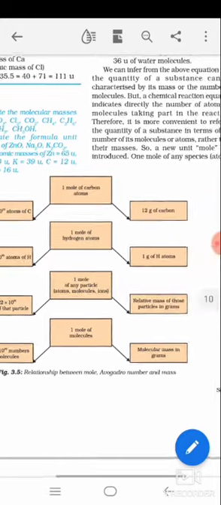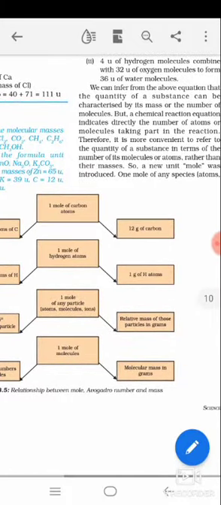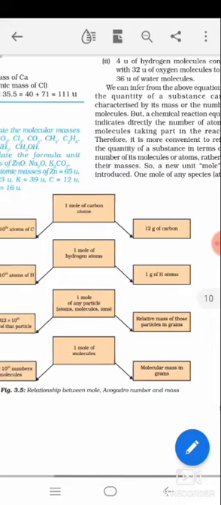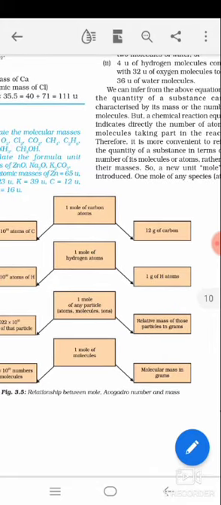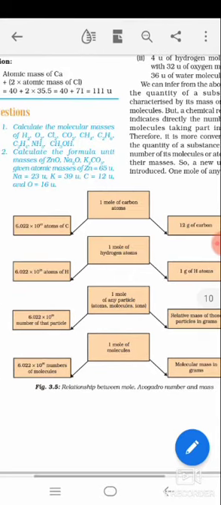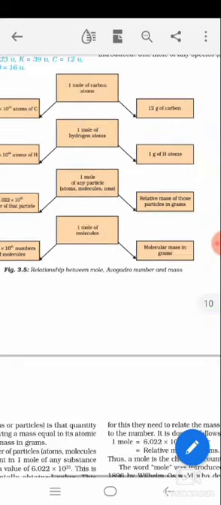In chemistry we need to understand the concept of mole. This is very important in chemistry. Again I am saying, please understand that 1 mole of any substance contains this much number of particles. This much means 6.022 × 10^23, and this number is known as Avogadro number.